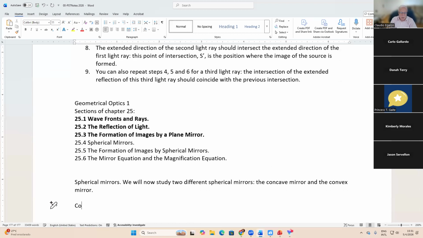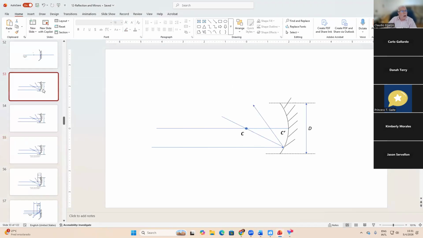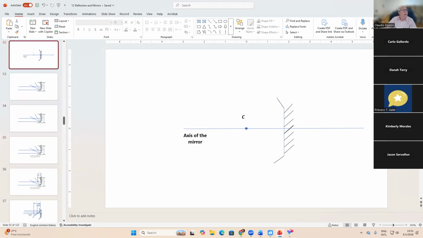Okay. Start with the concave mirrors. Concave mirrors. I'm going to draw how concave mirrors are represented.